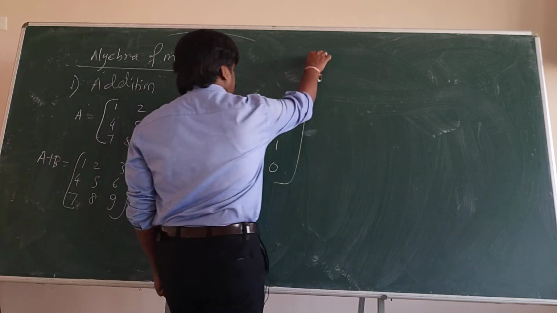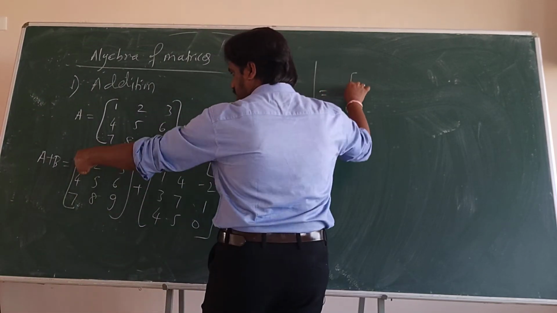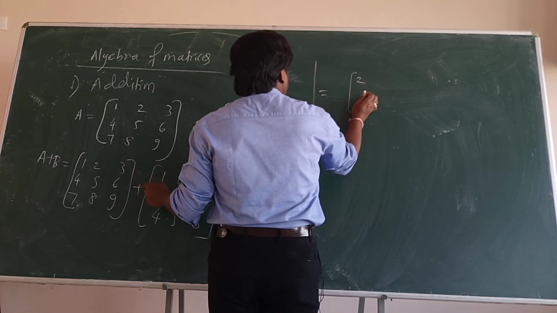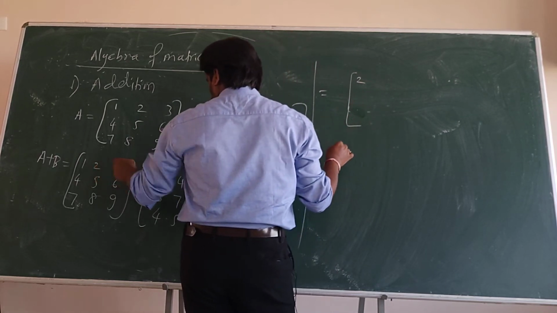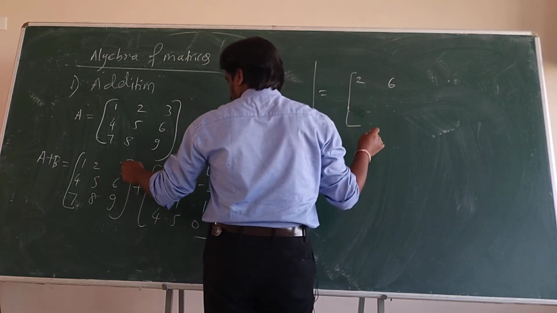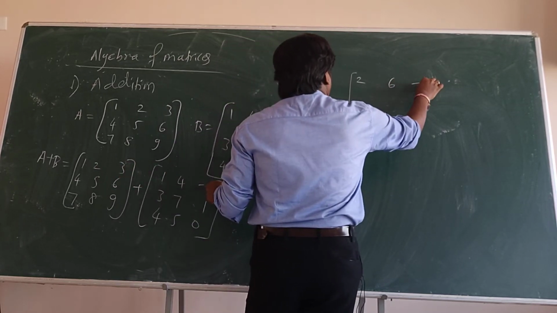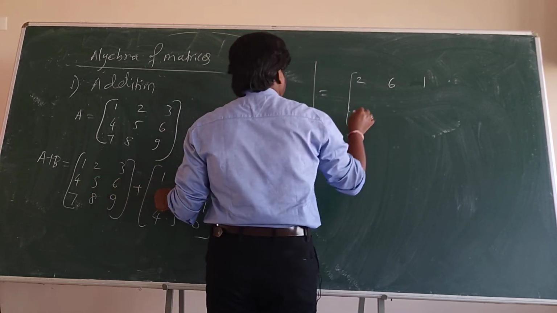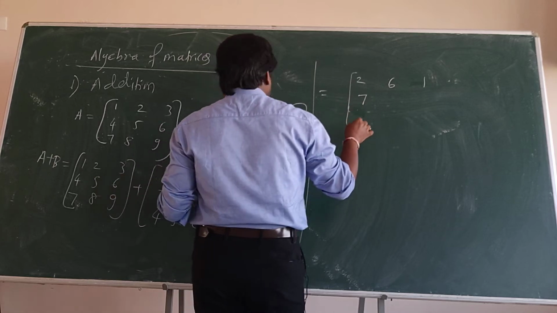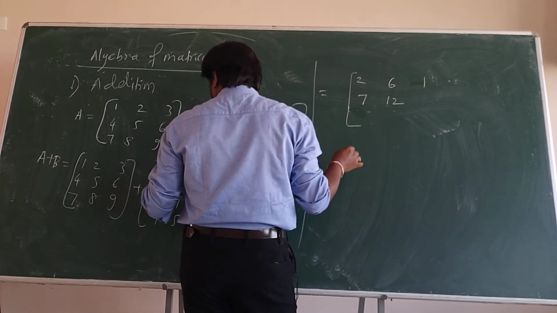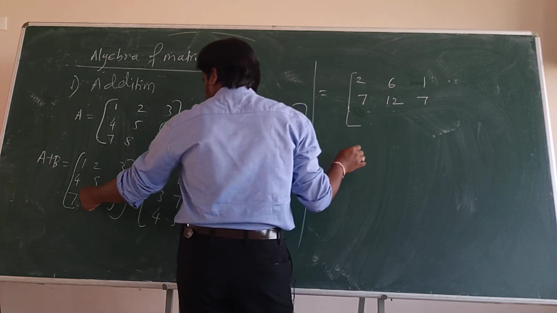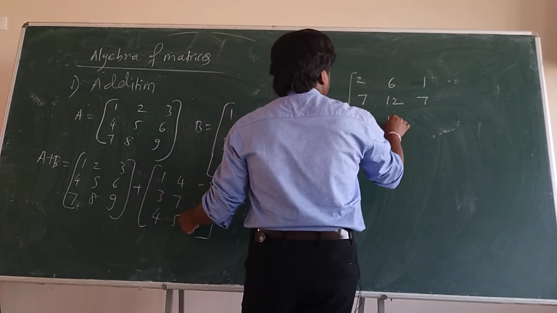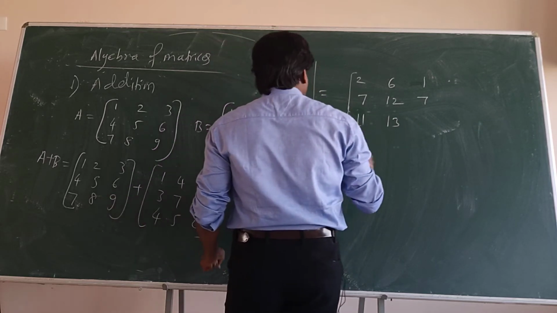I'll write here, A plus B is equal to 1 plus 1, 2. Right? And next here 2 plus 4, 6. 3 minus 2, 1. 4 plus 3, 7. 5 plus 7, 12. 6 plus 1, 7. 7 plus 4, 11. 8 plus 5, 13. 9 plus 0, 9.